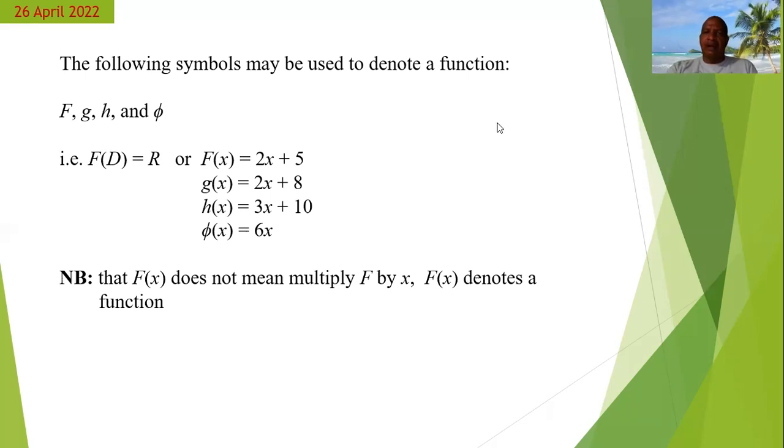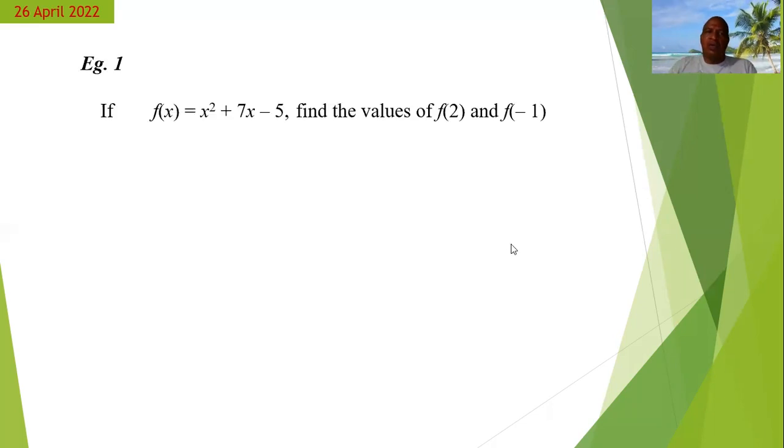All right, moving on. So here now we have our first example. If f of x is equal to x squared plus 7x minus 5, we are to find the value of f of 2 and f of negative 1.